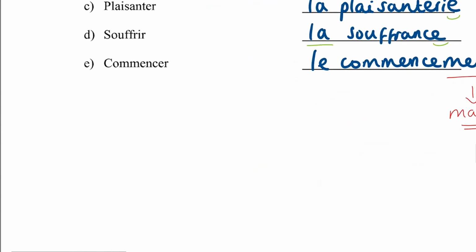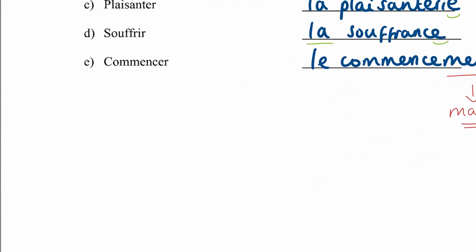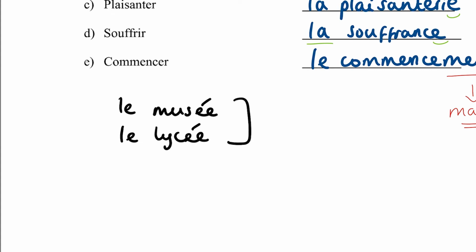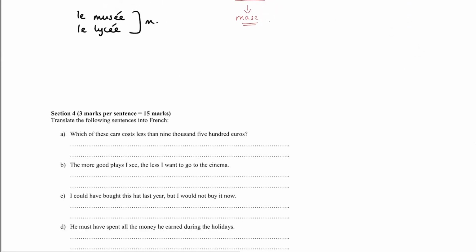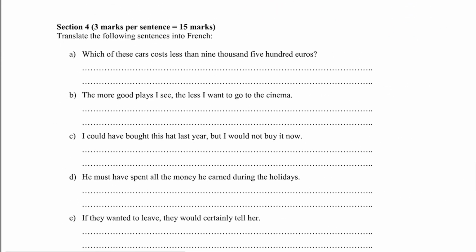If you think about the words le musée and le lycée, these are very, very much masculine. Good. Okay. And now we've got some translations into French, which we're going to have a look at.